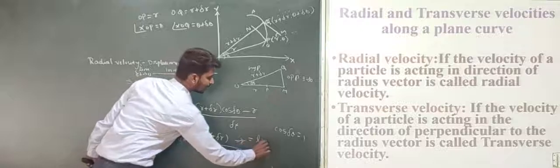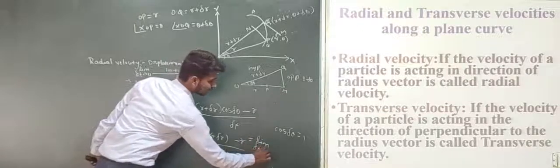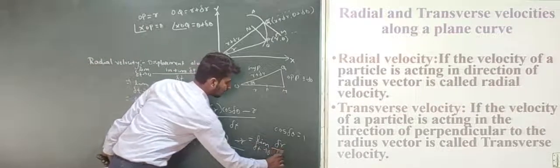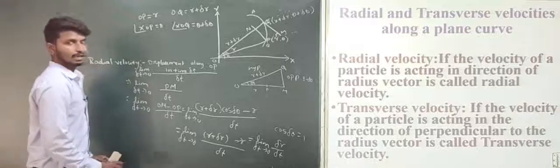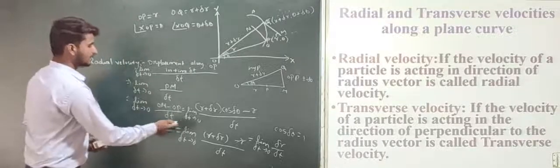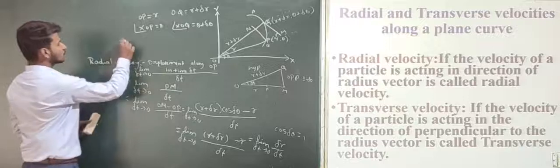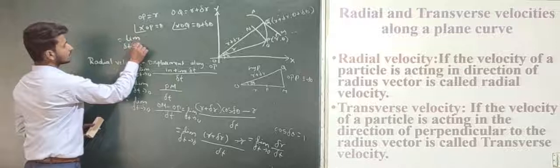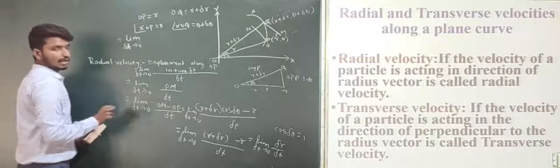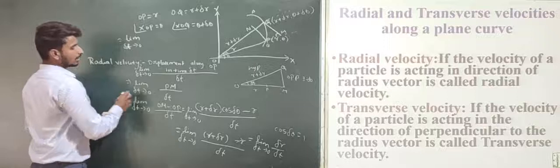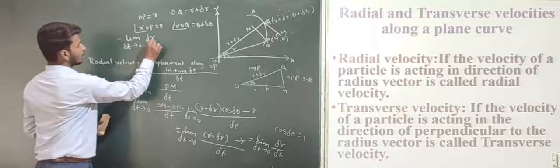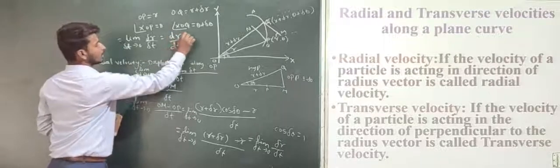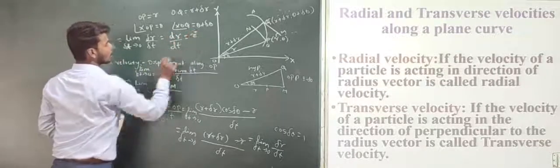Remaining is limit delta t tends to 0 of del R divided by delta t, which is equal to dR by dt, which is nothing but r dot.